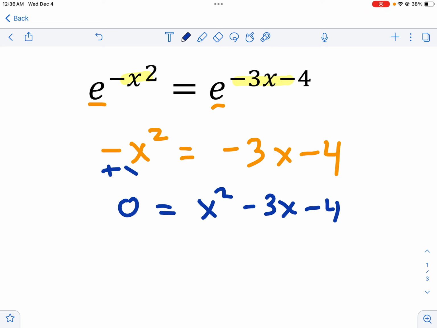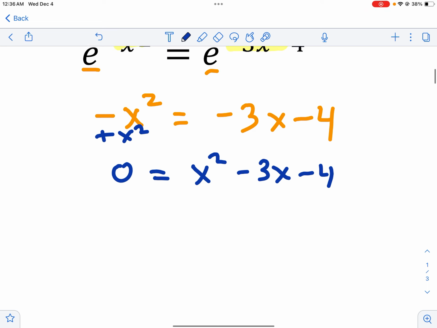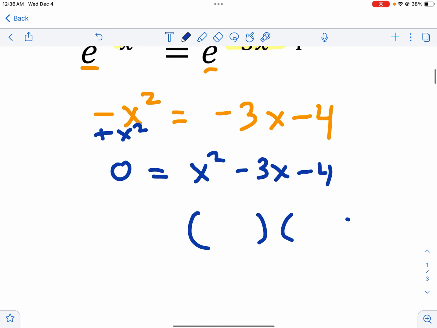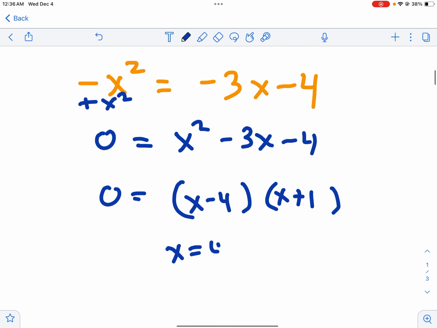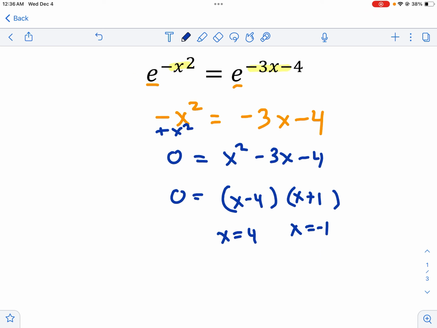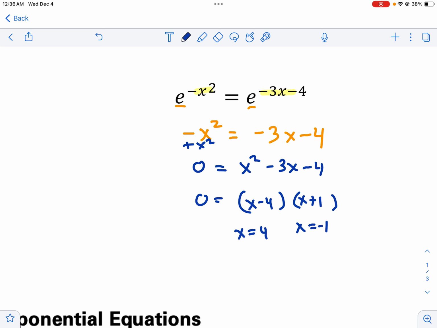I just added x squared to both sides. That's all I did. And then this is a simple ac-b problem, where this is x minus 4, x plus 1. So then x is equal to positive 4, x is equal to negative 1. So again, review, we kind of did this already, but that's how you work with a same base, different exponent.